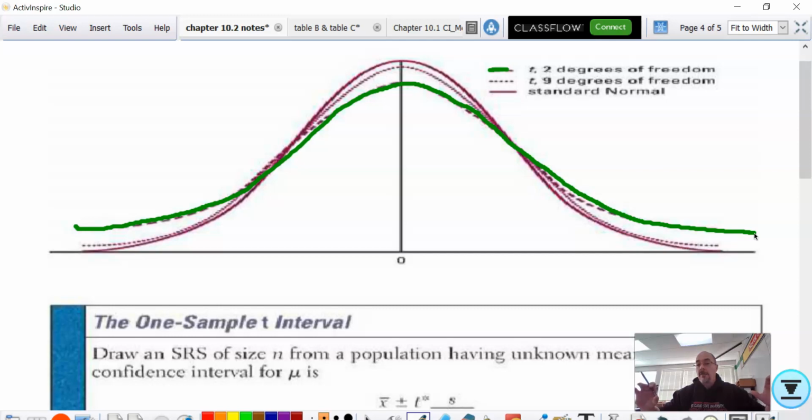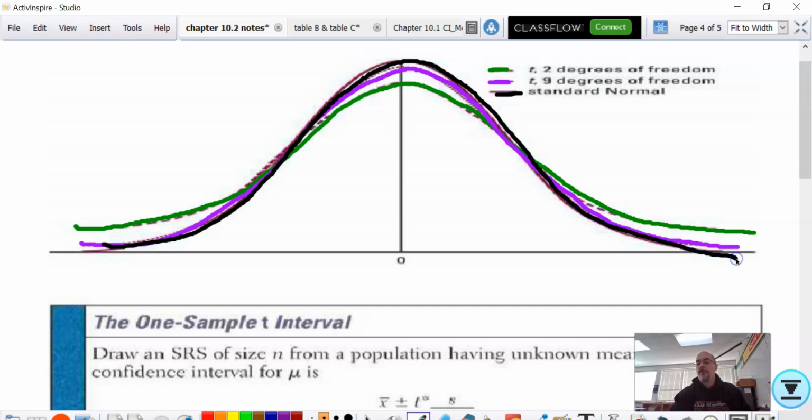There's more area in the tails. And then as we increase to 9 degrees of freedom, that would be a sample size of 10. That's this one right here, ladies and gentlemen. It's a little more peaked and a little less in the tail. And then the standard normal curve is the solid line.